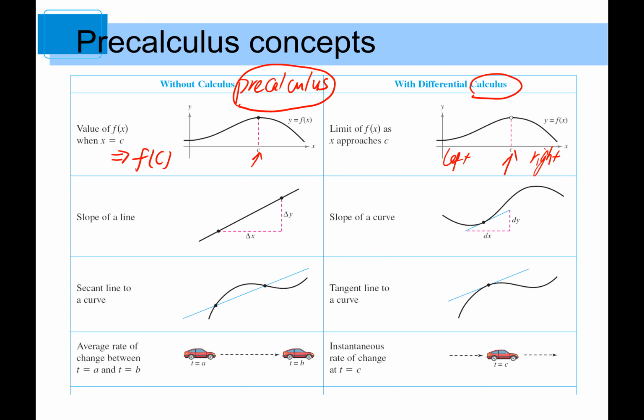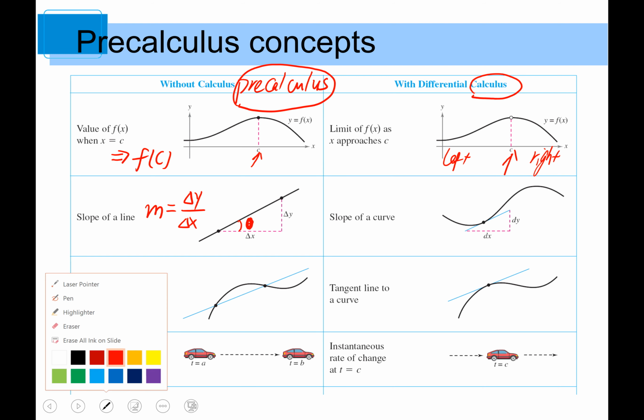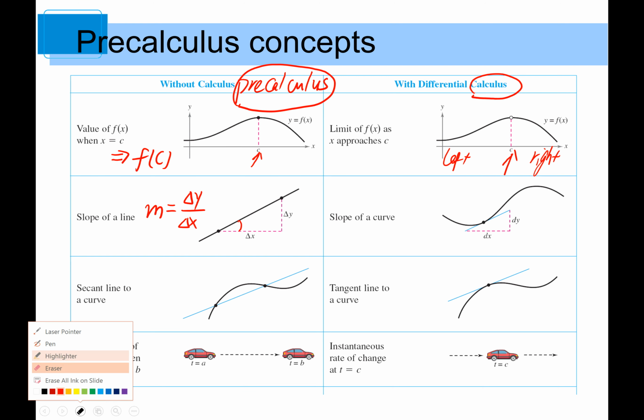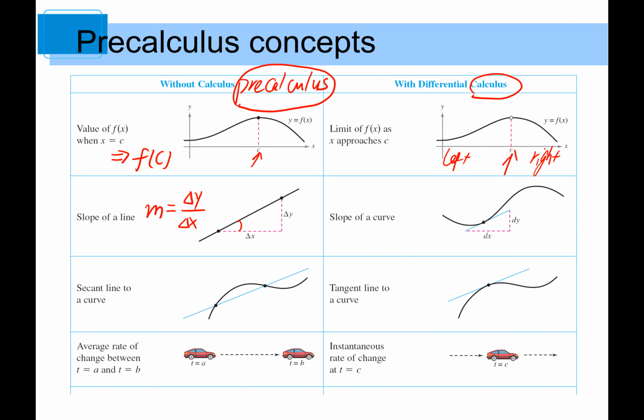And in precalculus, you will learn the slope of a line. Slope equals the change of y over the change of x. So this is the tangent of this particular angle, let's say theta.